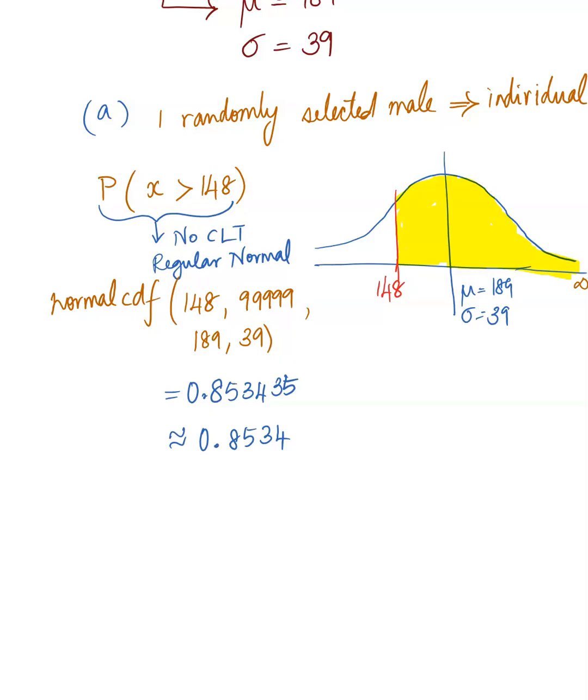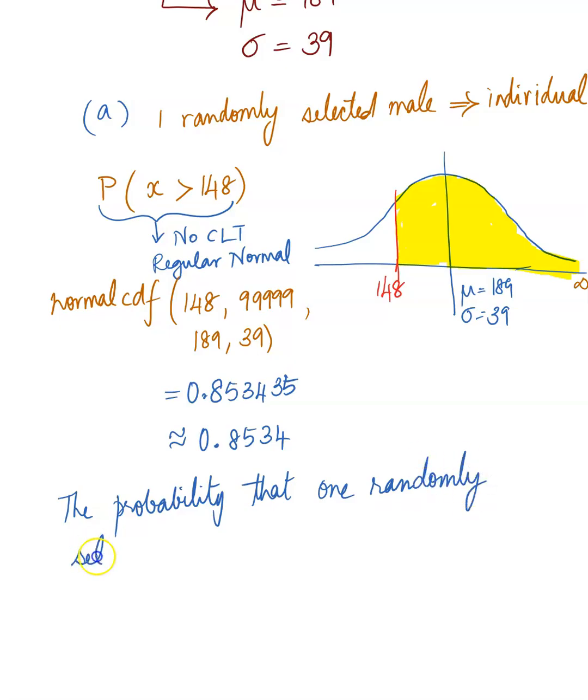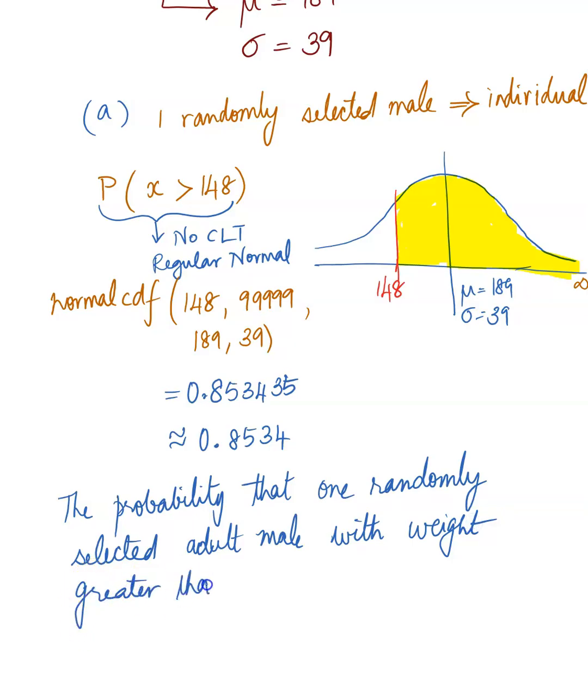where are we? The question was the probability that one randomly selected adult male with a weight greater than 148 pounds is 85.34%.